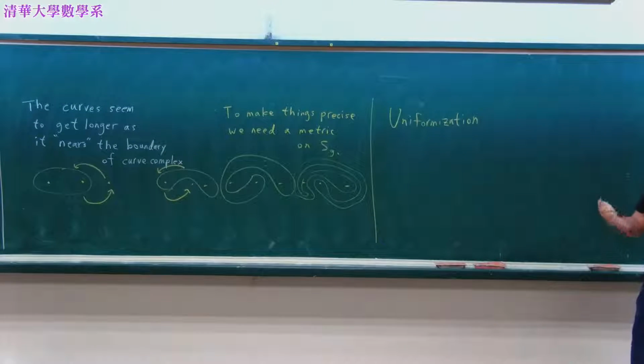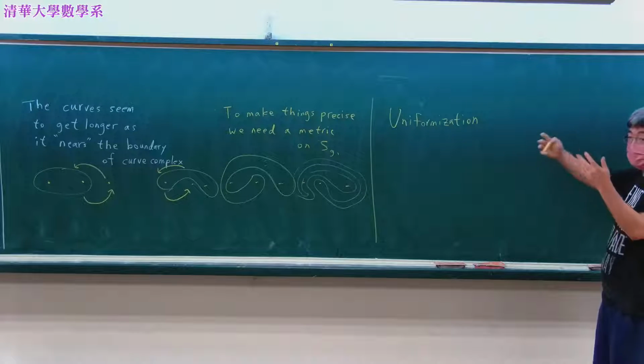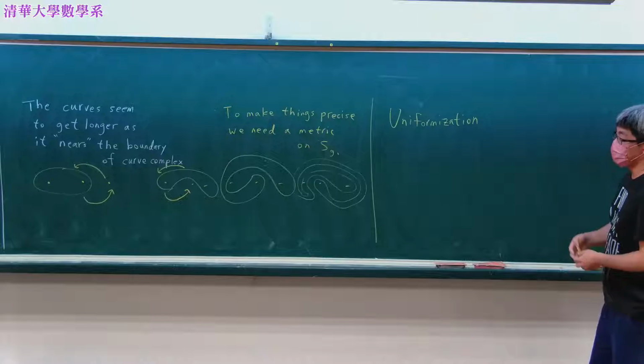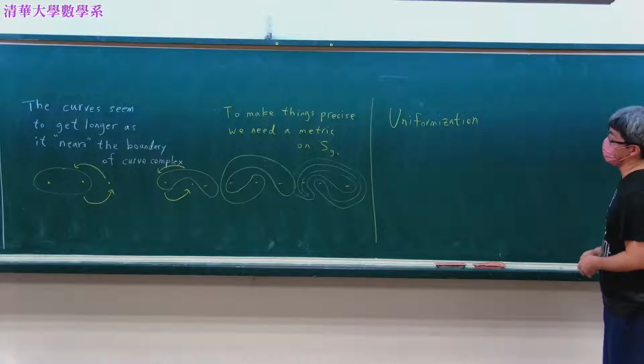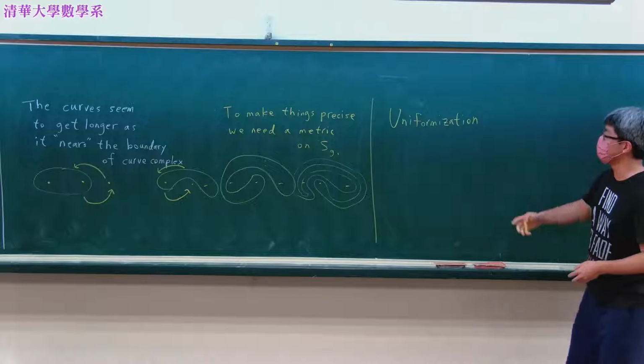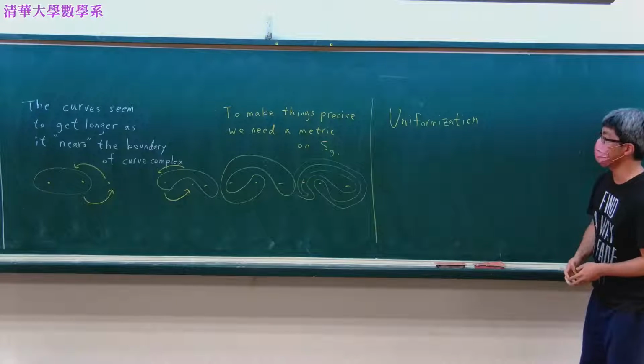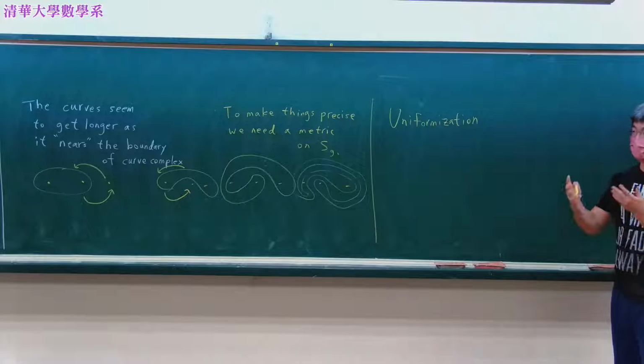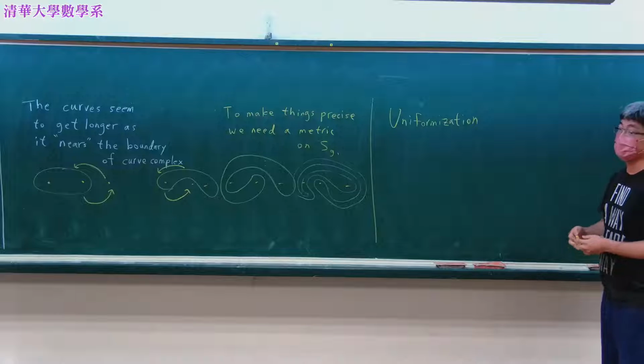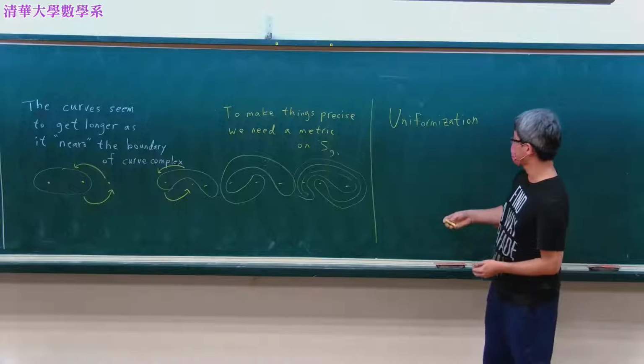If I look at a closed surface like that, if I put some metric on it, then there is such a thing called uniformization, where you can make the metric slowly turn into, or not slowly, depending on how you think about it, you can say it's a magic box that takes a metric and turns it into a metric of constant curvature.